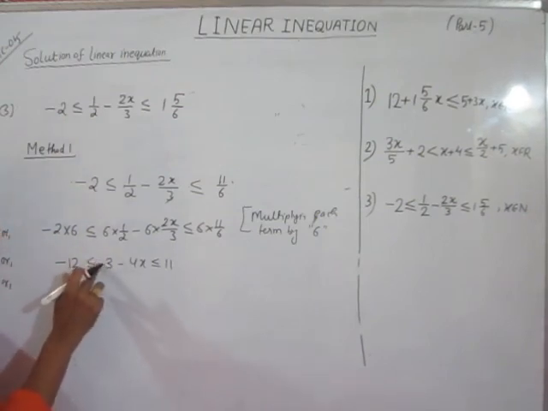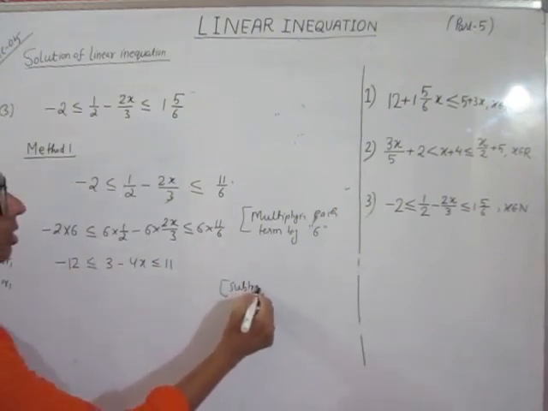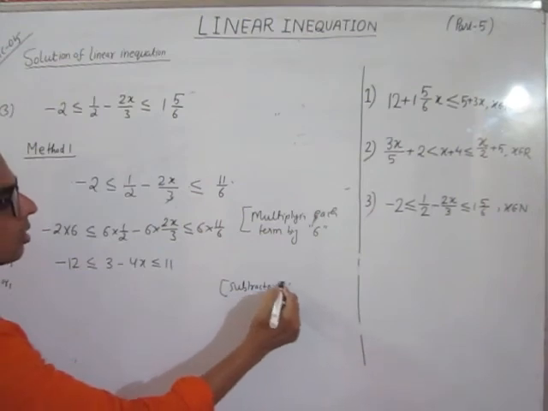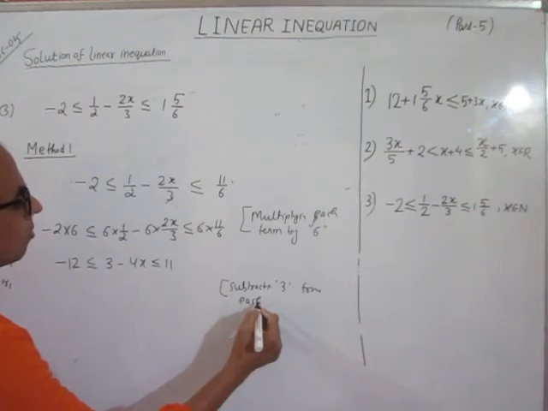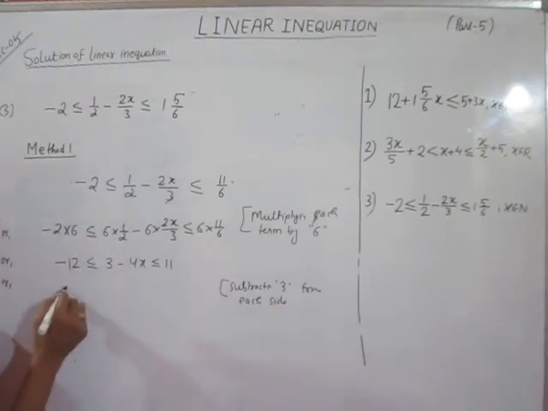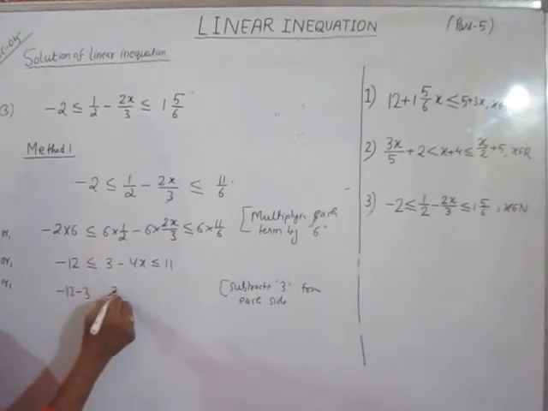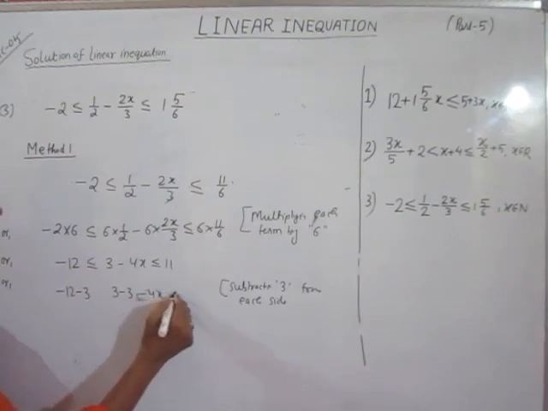So we are subtracting 3 from each term, from each side. So it will be minus 12 minus 3, 3 minus 3 minus 4x, and 11 minus 3.